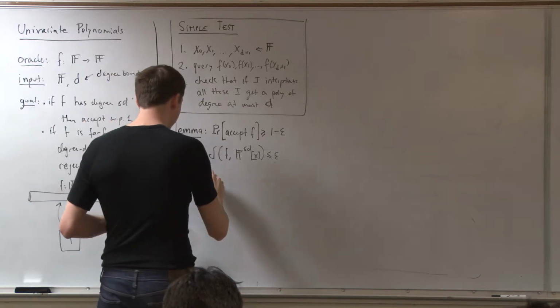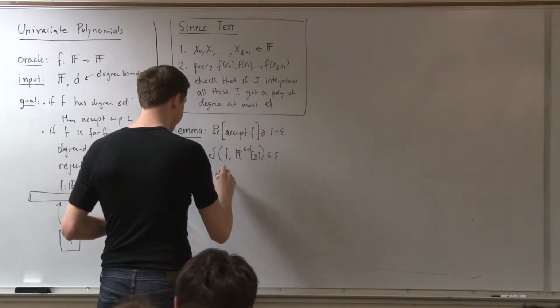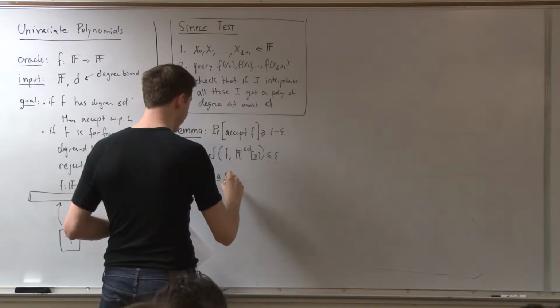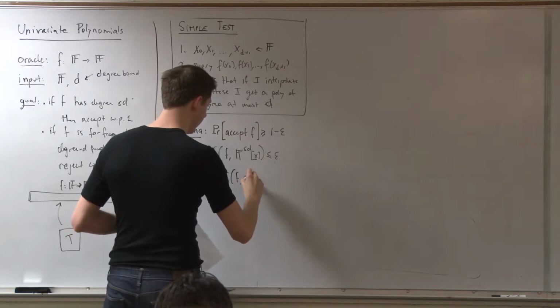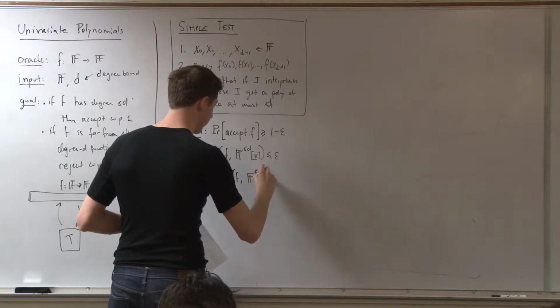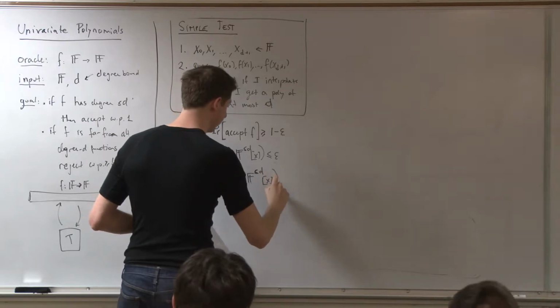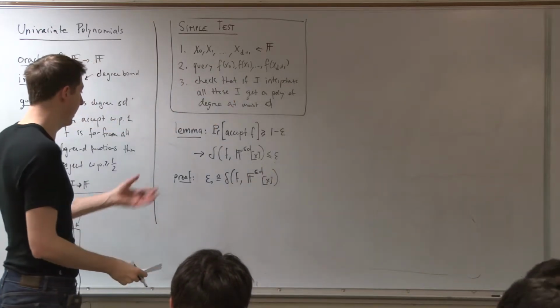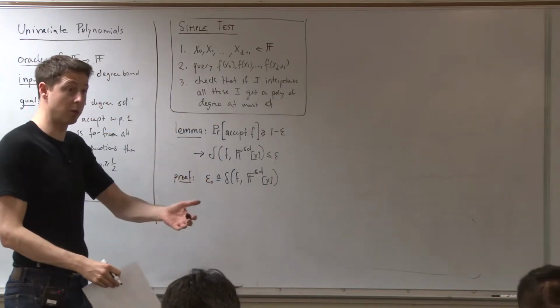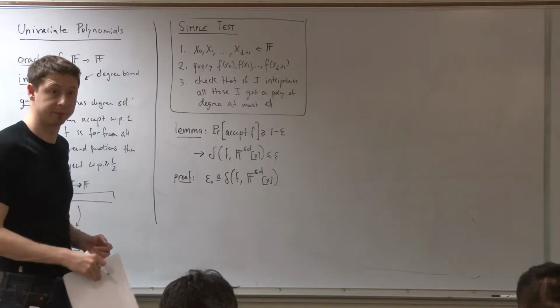Okay, so let's define a quantity epsilon 0 to be precisely the distance of f to low-degree polynomials. It's defined, right? I pick f, whatever it is, and it will have a closest low-degree polynomial.